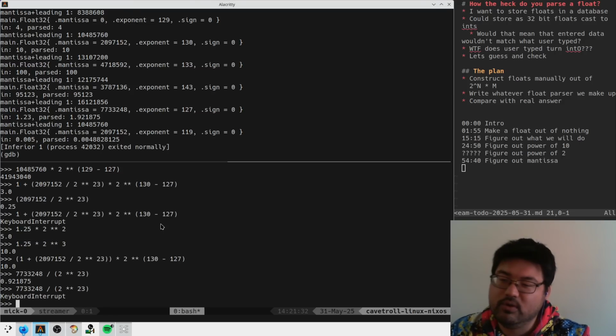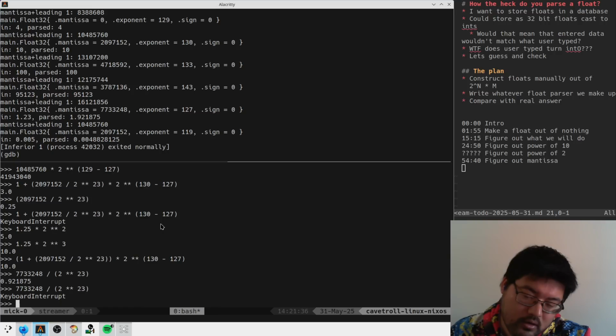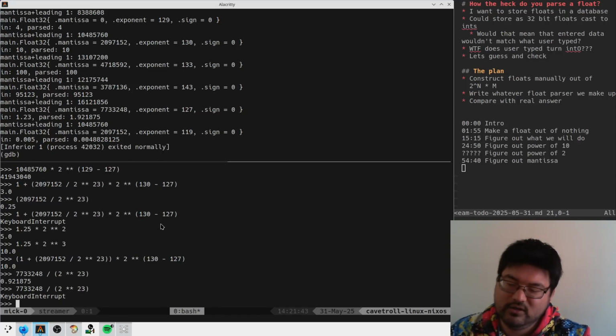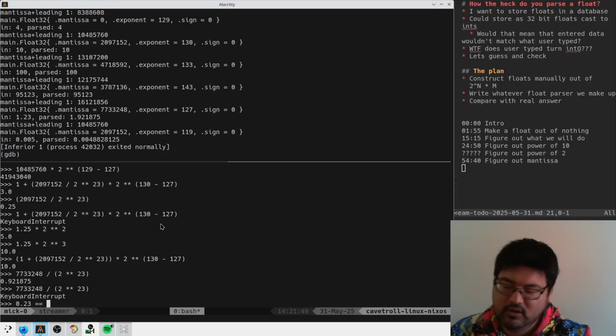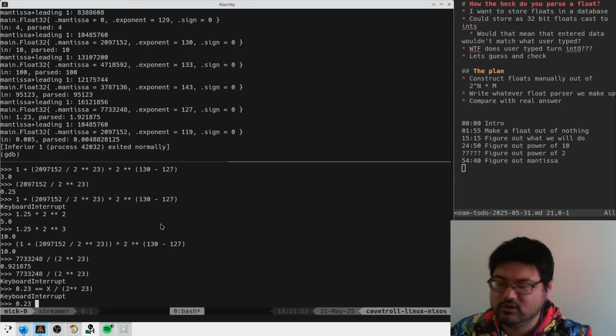So I guess that means that the value we're looking for is, so we have like 0.23 is equal to x over 2 to the power of 23, which means that we multiply 0.23 times 2 to the power of 23.